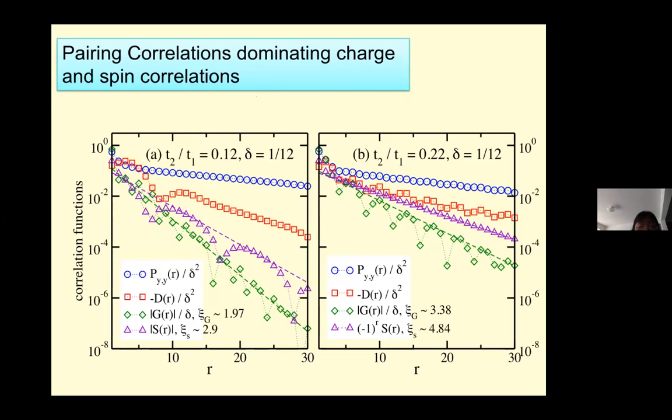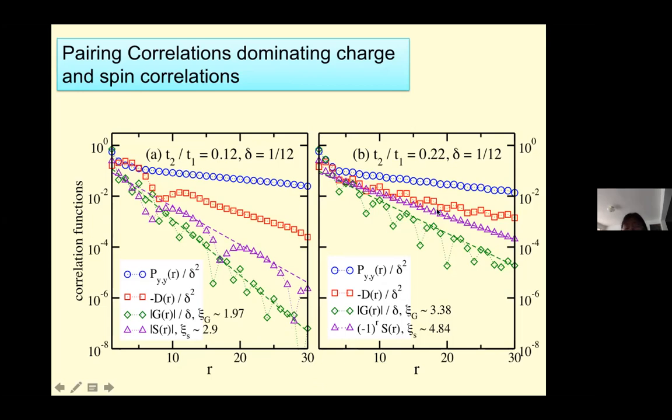For our superconducting phase, for intermediate T2/T1, so both the d-wave uniform phase and the coexisting phase, we have pairing correlations decaying at least 2 orders of magnitude larger than the density correlations, and also much larger than the Green function at the same distance, as well as the spin correlation at the same distance.